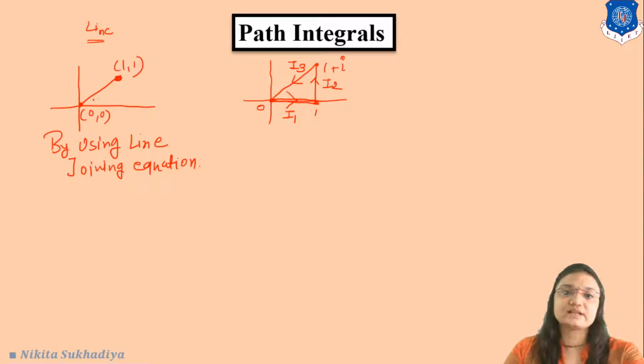But if we have more than 2 points, we have to solve path 1, I1, then path 2, I2, and then path 3, I3. Each of them we can solve again using the line joining equation.